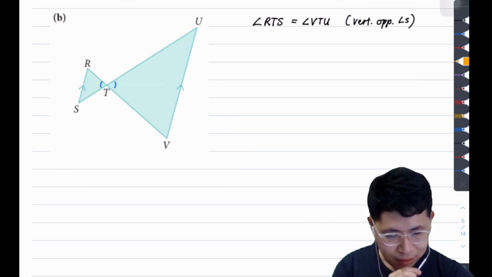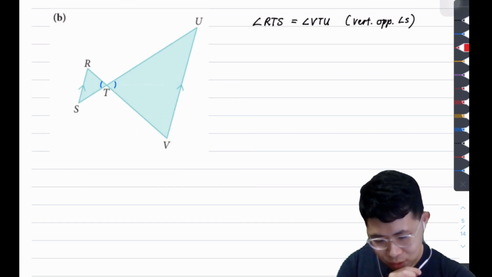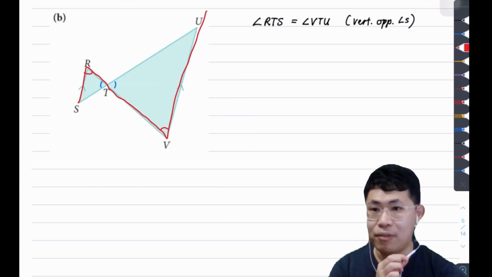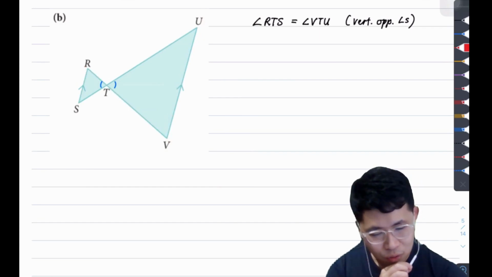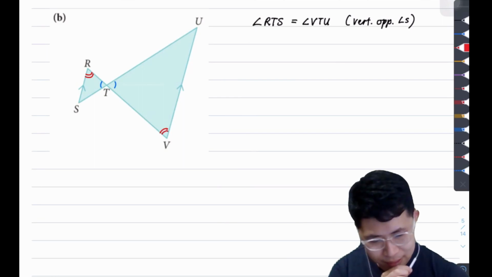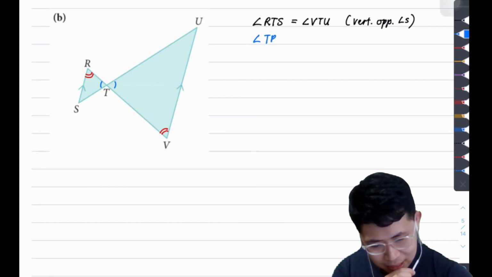The second angle that we can match is over here. Can I see this? No, okay. So this one over here. Do you see this? I have a set of alternate angles due to parallel lines. Okay, so over here, let me mark this angle and this angle over here. So I have my triangle TRS.